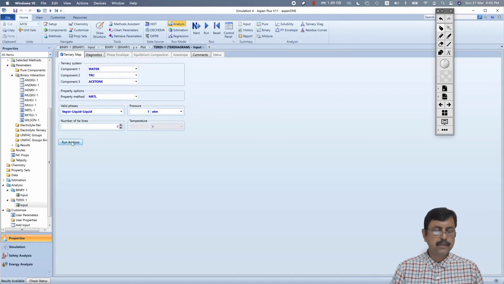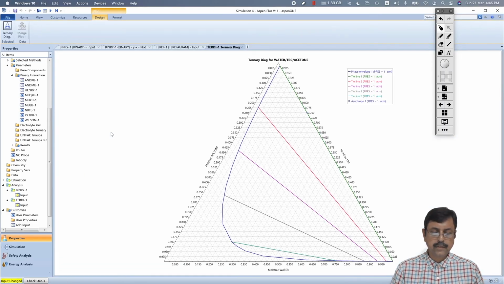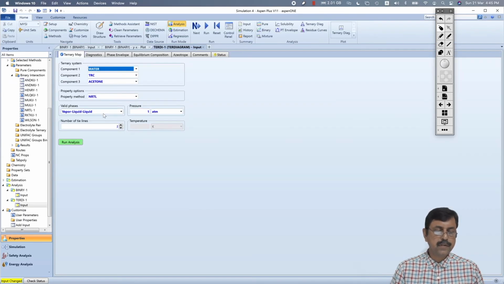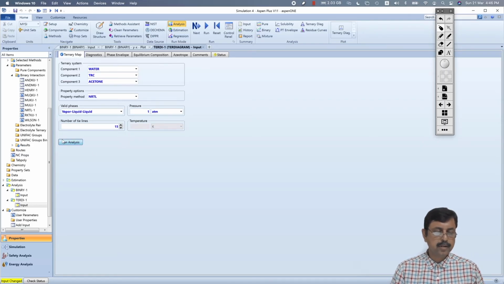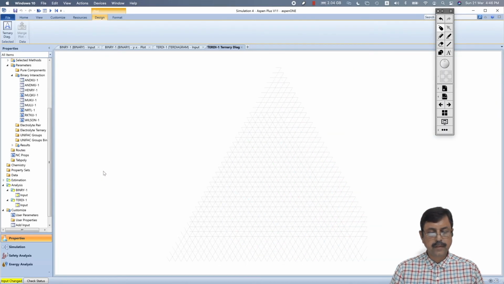Run analysis. It is something like this. Let us increase the number of tie lines. So make it 15 tie lines. Yes.